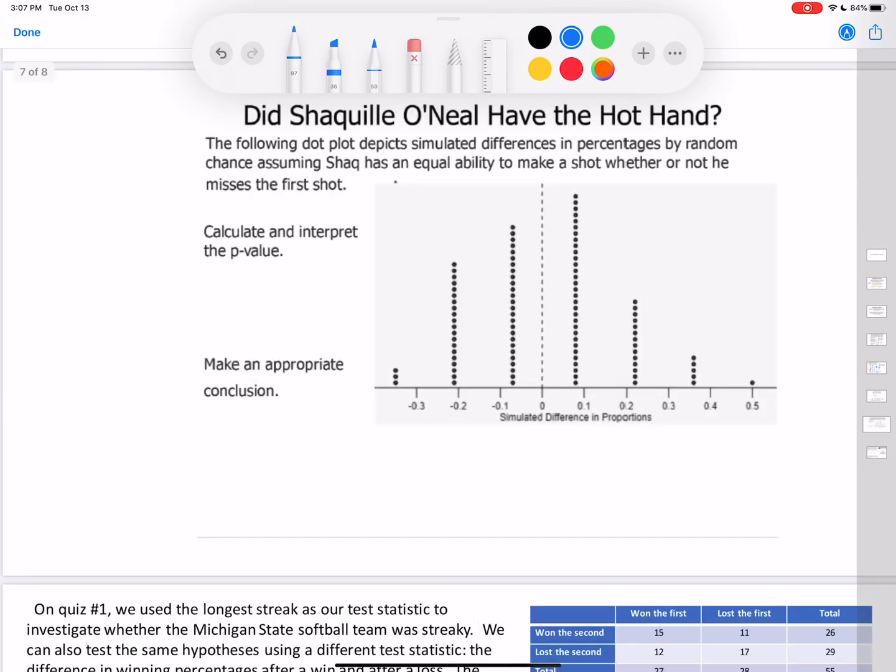From there, we can calculate and interpret our p-values. So our test statistic, again, was 4.9%. 4.9% as a proportion is 0.049. So 0.049, I'm going to say is maybe over here. And I'm going to count every single dot. 1, 2, 3, 4.